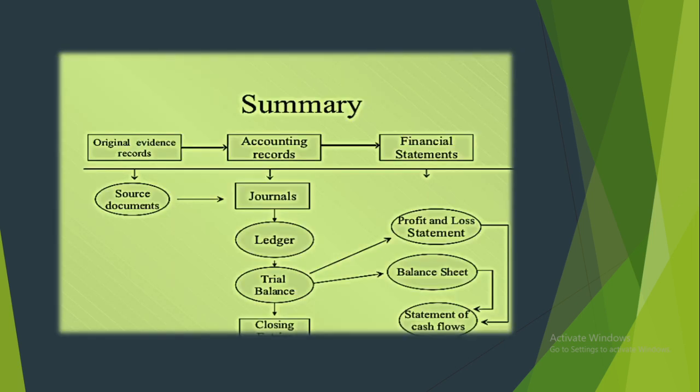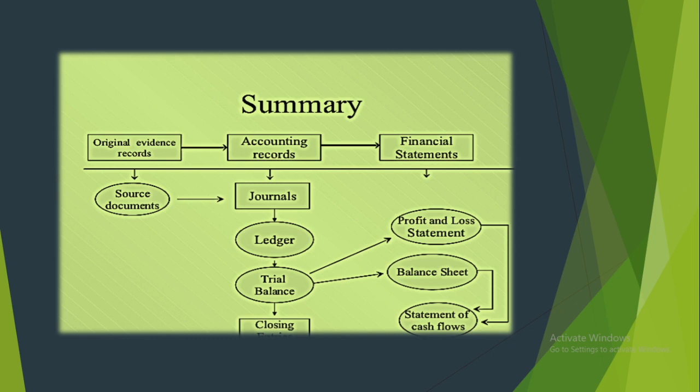Now, this is the summary of this video. And here three things are important. First is original evidence records. On the basis of this, we have to get ready for accounting records, and after completion, the next step is that on the basis of accounting records, we have to prepare financial statements.